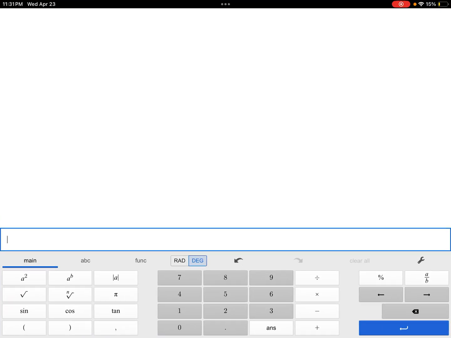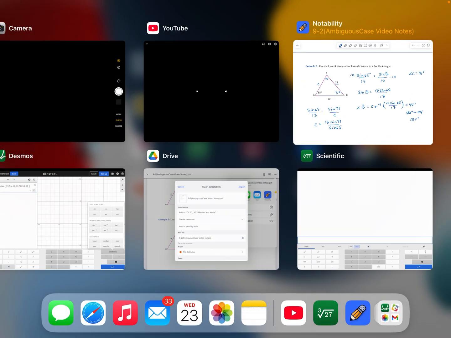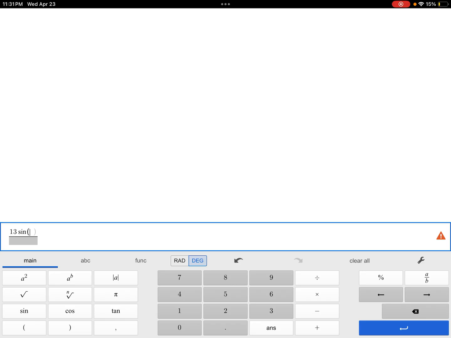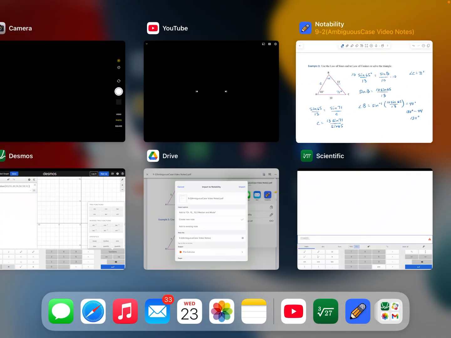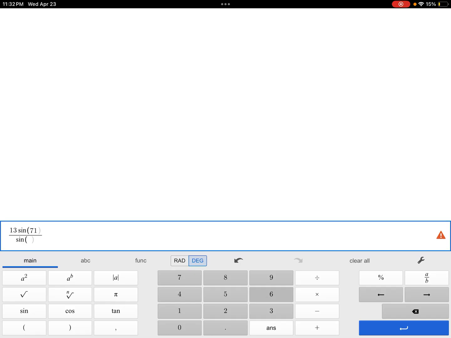Okay, so 13 sine 71 over sine 65. And it looks like I get 13.56.